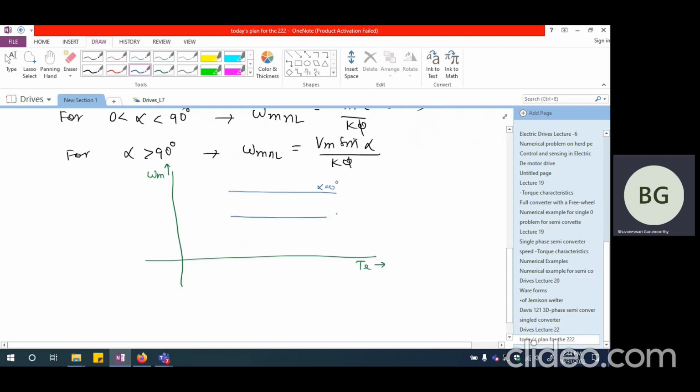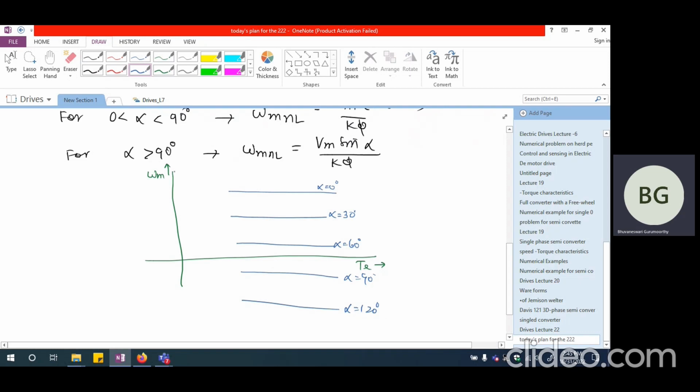And let's say this is for alpha equal to 30. Maybe this is for alpha equal to 60, whereas this is going to be for alpha equal to 90. So this should be slightly droopy. So I should show it as though alpha equal to 90 is like this, alpha equal to 120 is like this. So these are the different characteristics.